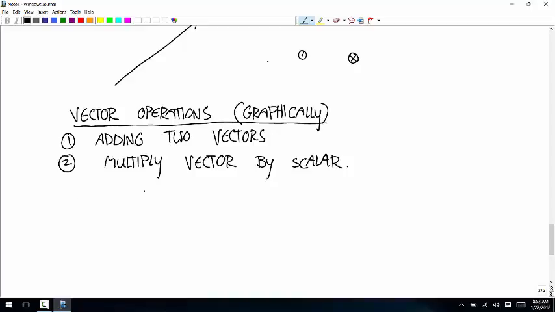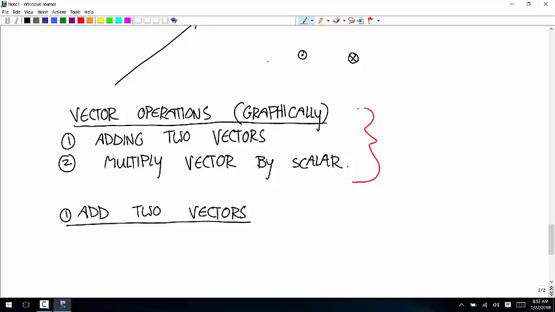All right, so first, adding two vectors. Yeah, well, negative, you can think of that as multiplying by -1 and then adding. One thing to notice about this, by the way, is that these operations can be done without defining a coordinate system.